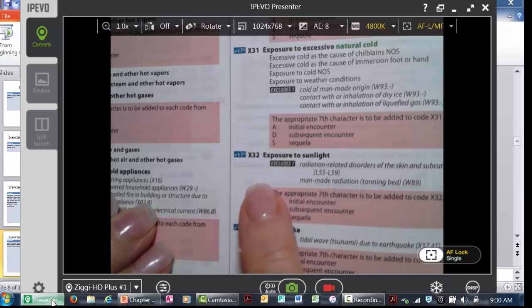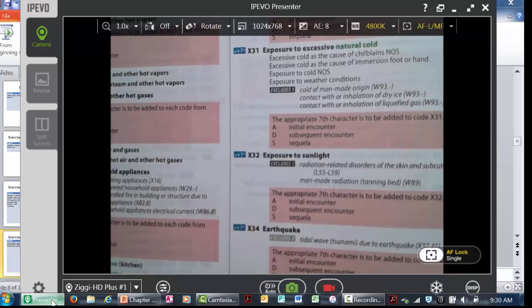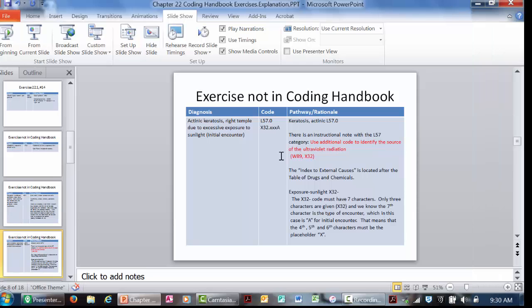Then 4, 5, 6 are going to have to be X's, placeholders, for that 7th character, A, to be in place. And that's why you get X32.XXXA.